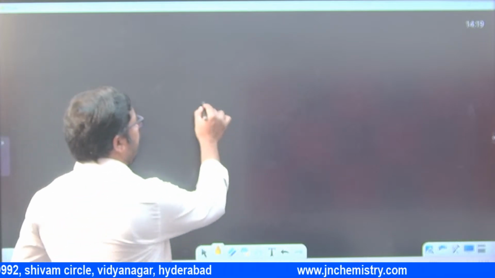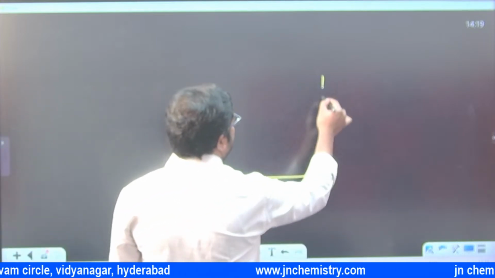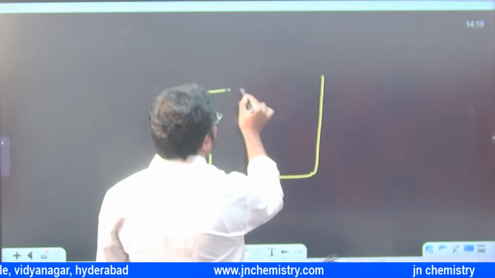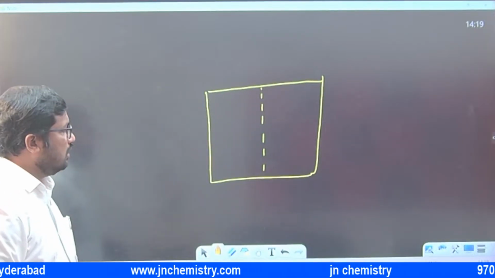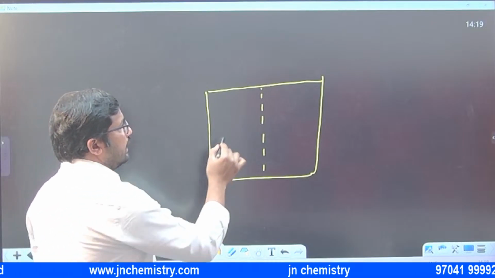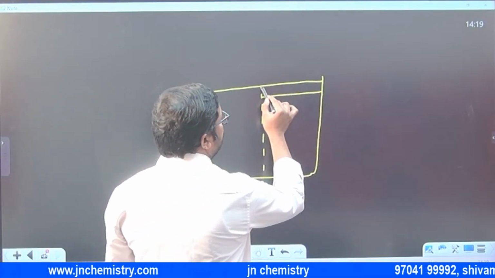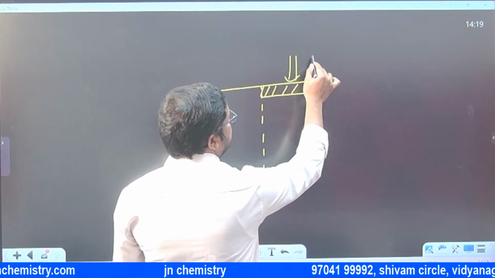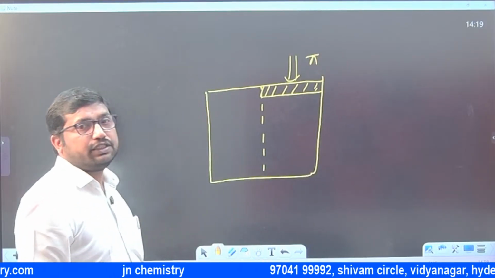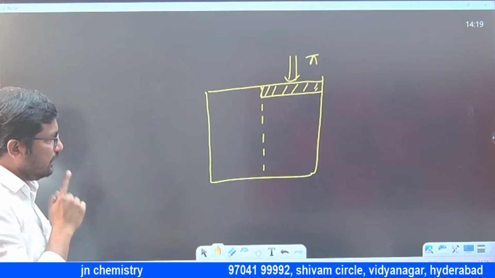Now it's very simple. Here I'm taking the semi-permeable membrane, and here one movable piston. We are applying some pressure, which we call osmotic pressure, with pi.